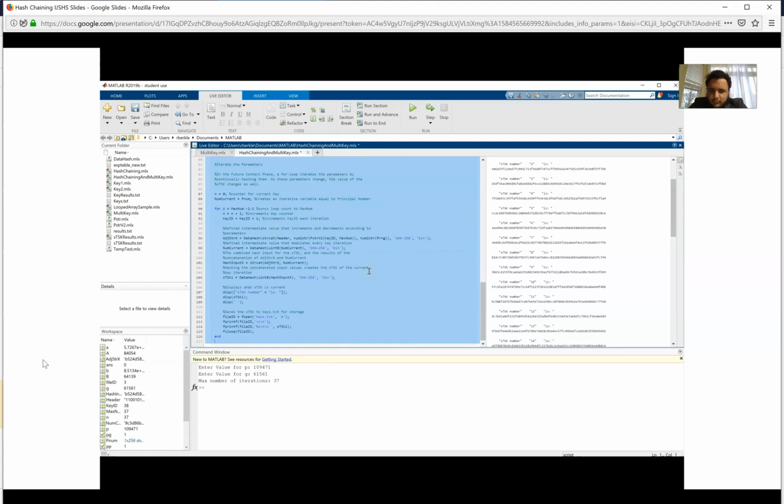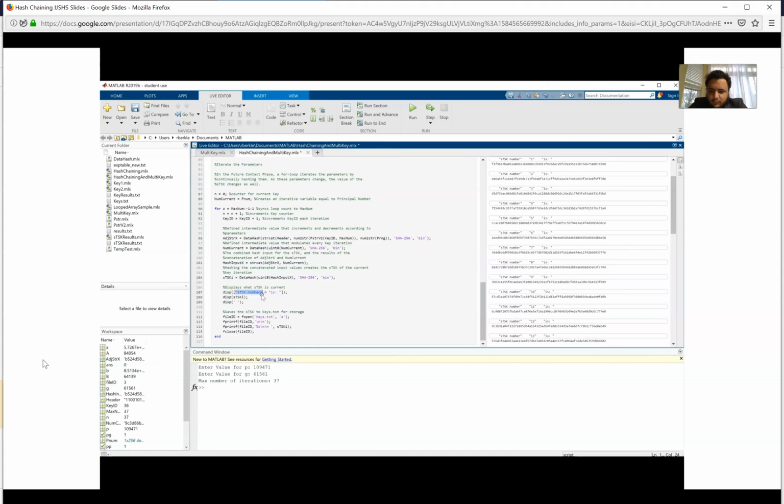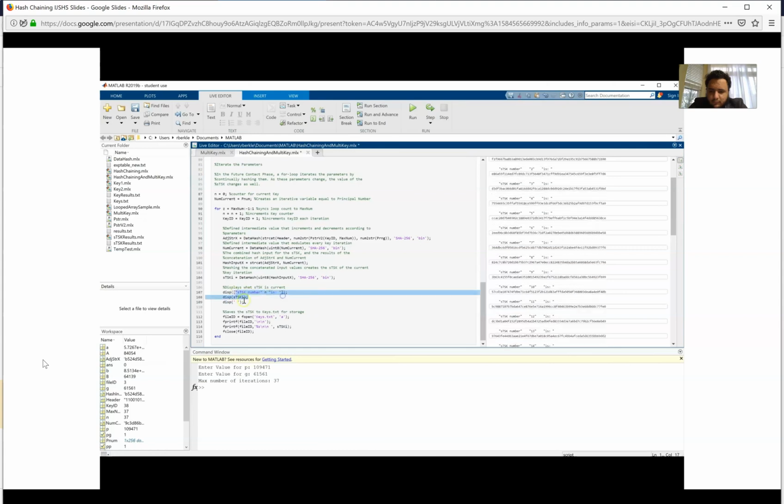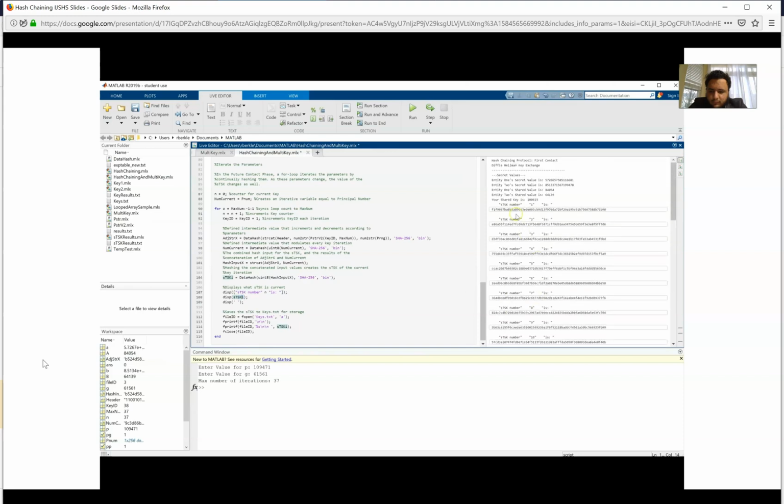Increments and decrements the key ID and max number, respectively, and forms these iterative keys with their own values and displays them. It would display what iteration of the key it is, what the key itself is, and some values here. So, for instance, here, let me just run this.